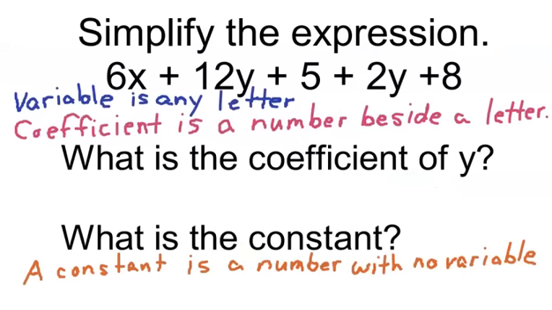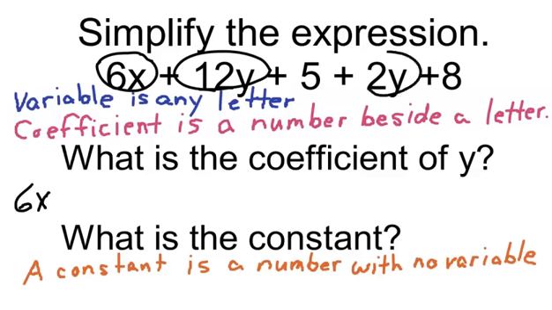All right, this says simplify the expression. Okay, so we're going to find like terms. So we have a 6x, sorry. And is there any other x? Nope, there's not. So we're just going to be left with 6x. Okay, and then we have a 12y and a 2y.